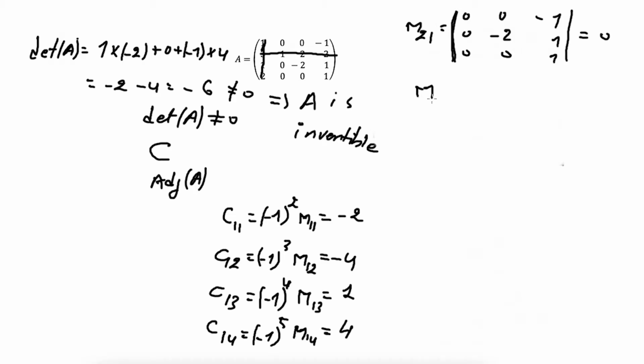And so let me erase this to be clear. So M22, which is for this element 1 here, so we will erase this row with this column. So the remaining matrix will be the determinant of 1, 1, 2, and 0, minus 2, 0, and minus 1, 1, 1.